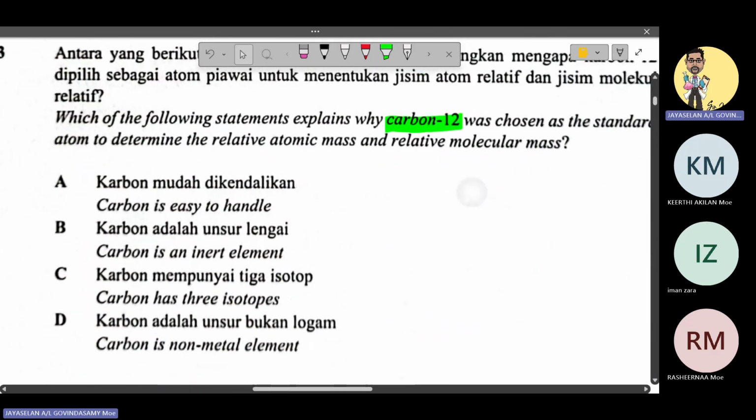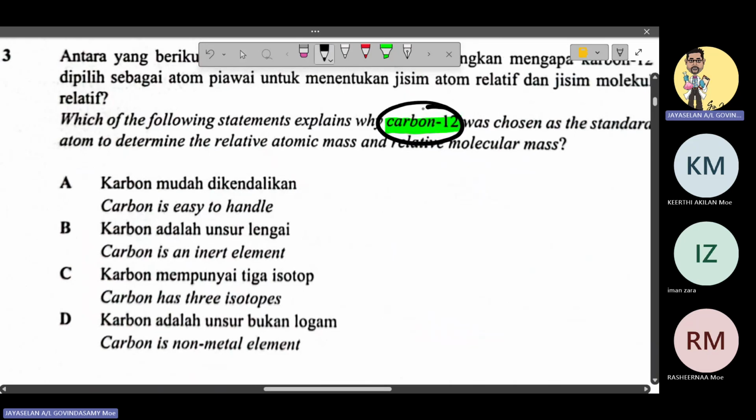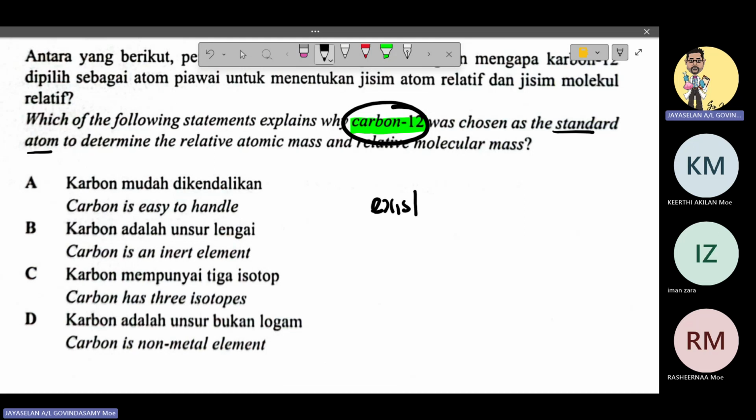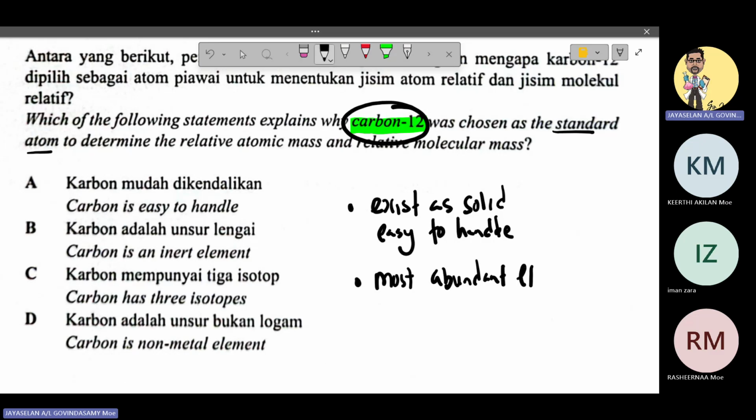Okay, so why carbon 12? Carbon 12 is used as the standard atom. Very simple. Because carbon 12 exists as solid, when it exists as solid, it is easy to handle. Carbon 12 is also known as the most abundant isotope. About 99 percent of carbon isotopes is carbon 12.